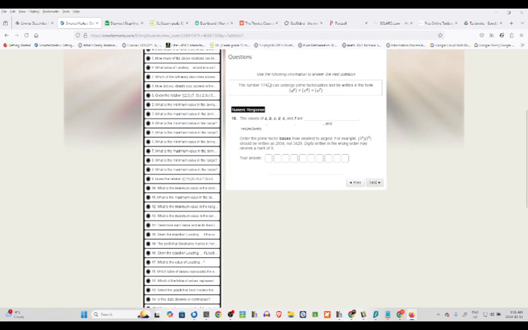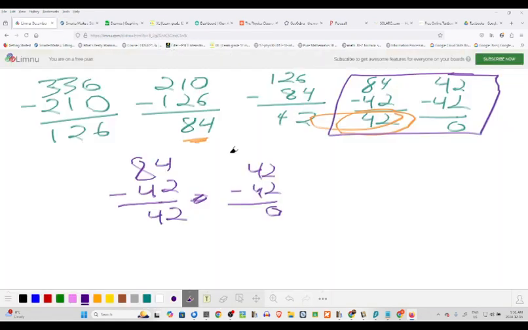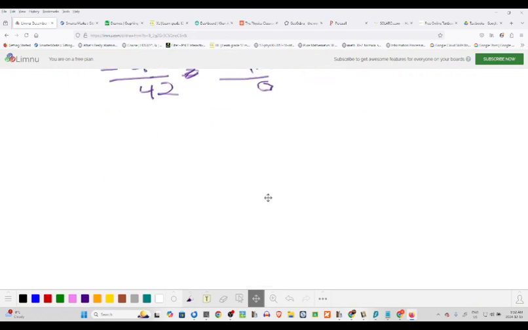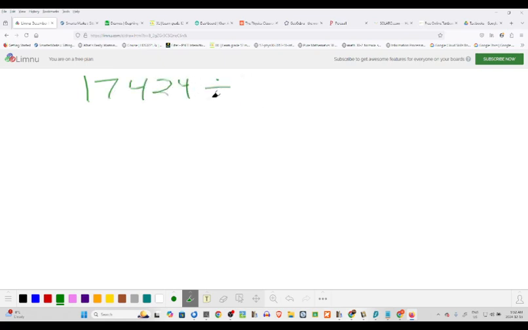Now, prime factorization of 17,424. Again, we could just take our calculator and start with the first one we recognize, say a 2, and divide by 2. How many times can we factor a 2 out of that? Well, it goes into this 8,712.